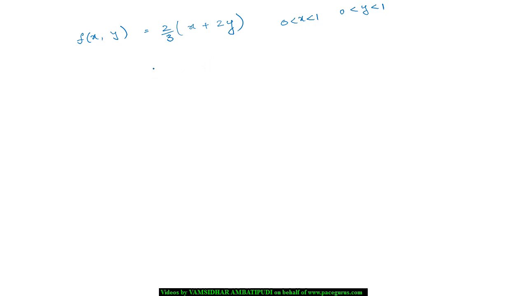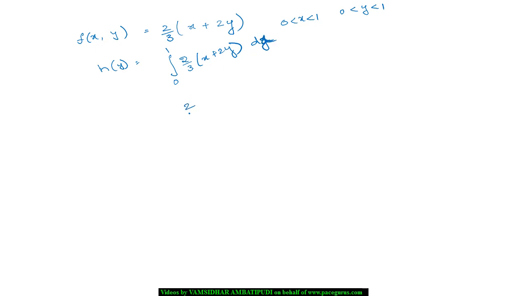Now from here, I am supposed to find the conditional distribution given y equal to y. So I have to find h of y. To find h of y, I have to integrate this over all the values of x, so 2 by 3 times x plus 2y, dx.